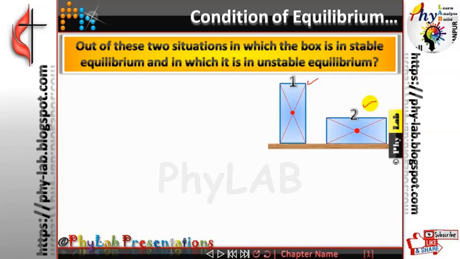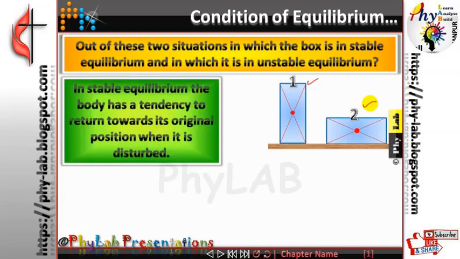Now what do we exactly mean when I say that the box is in stable equilibrium? Whenever I am talking about a stable equilibrium, it simply means if I disturb the block from its original position and release it, the box should come back to its original state. That is what I mean when I talk about stable equilibrium.